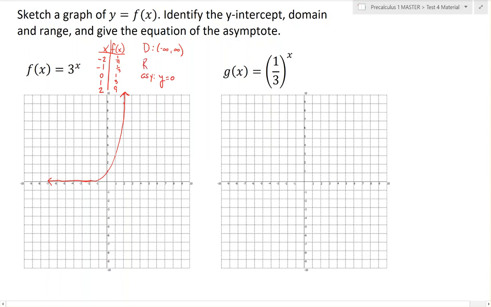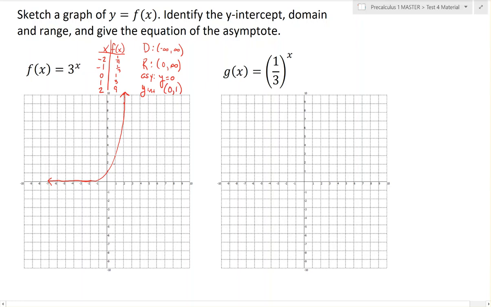And our range then, we know, goes from 0 to positive infinity, not including the 0 because it never actually reaches a y value of 0. Okay, our y-intercept is 0, 1. And make sure that you write it as a point.